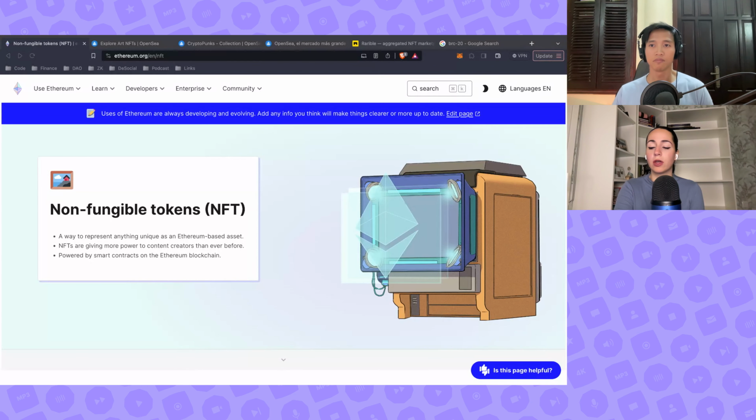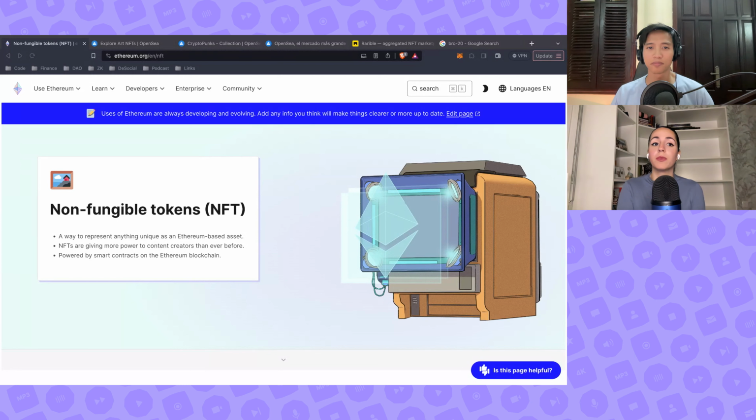A fungible token is like fiat money, like the paper notes or the coins. Why? Because all the coins look the same. If I give you a bunch of coins, you cannot differentiate one from another. That is called fungible. And I just want to add that you can exchange one fungible token for another because it's the same.